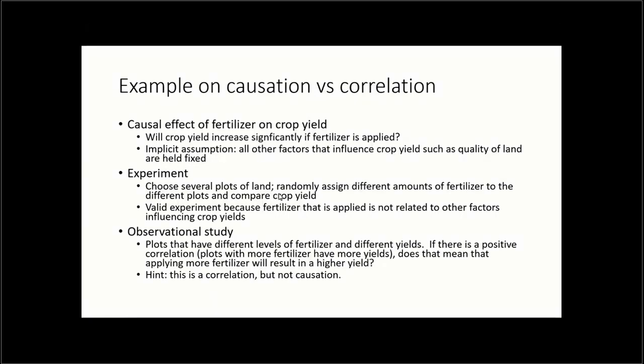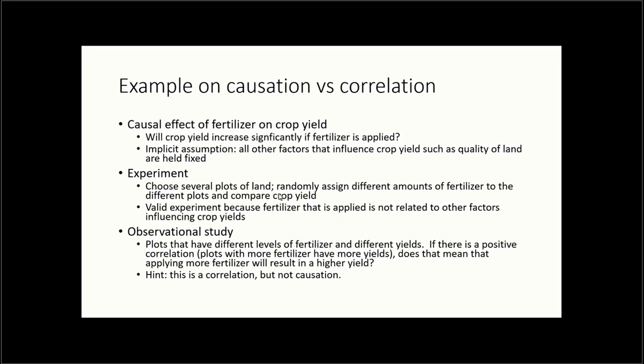But in an observational study, we don't have these perfect experimental designs. We only observe plots that have different levels of fertilizer and different levels of yield. So if there's a positive correlation, let's say plots that have more fertilizer are shown to have higher yields, does that mean that applying more fertilizer will result in higher yield? The answer is no, because that's a correlation, not a causation.